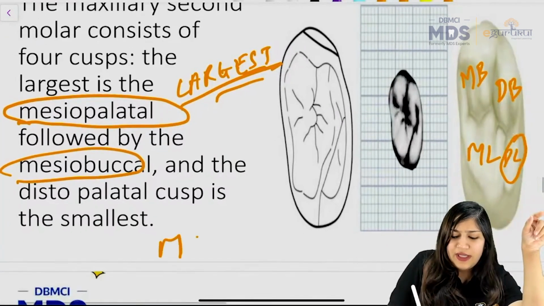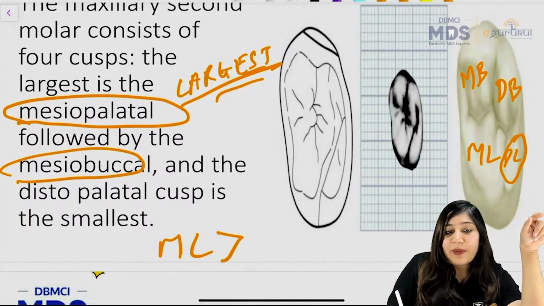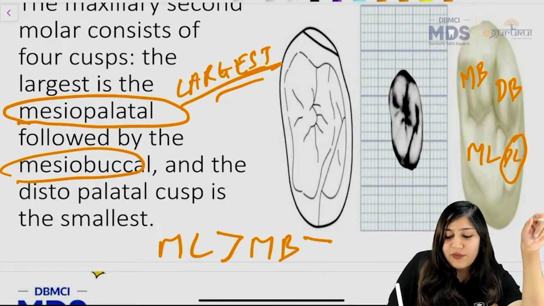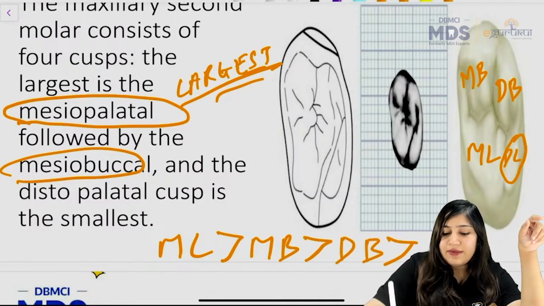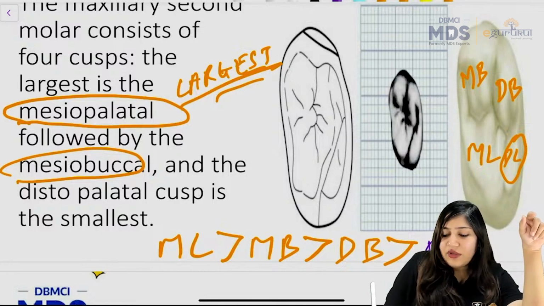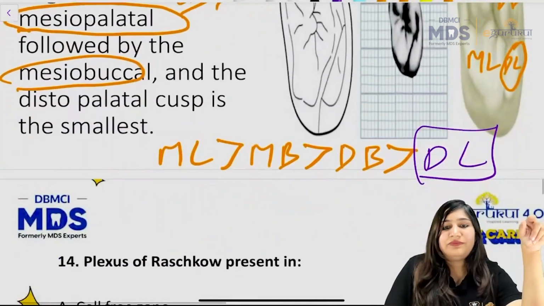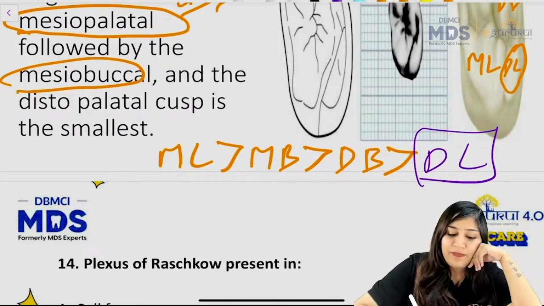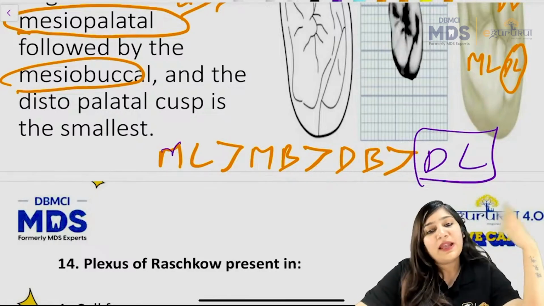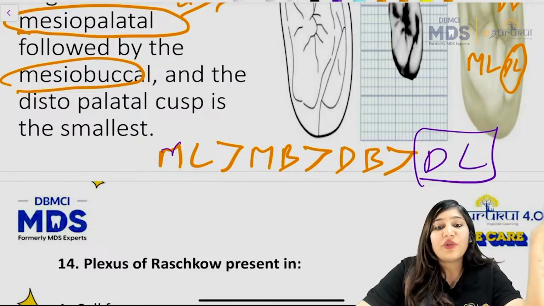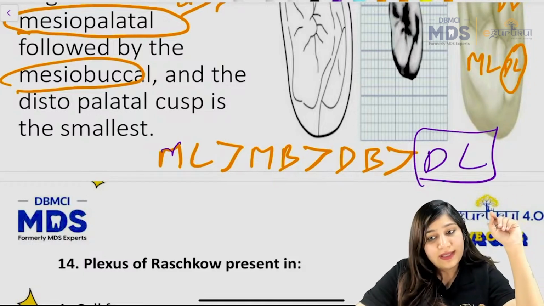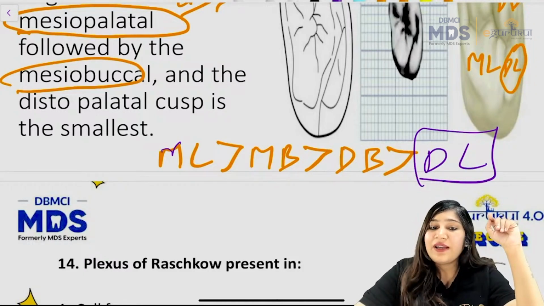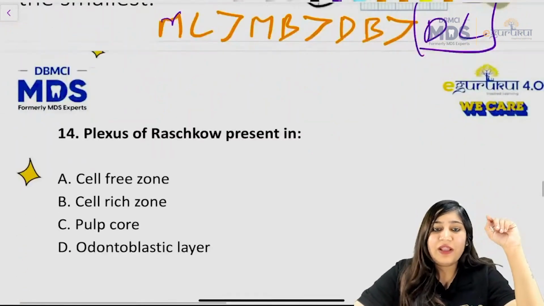So mesiolingual largest, followed by mesiobuccal, followed by distobuccal, and the smallest is distolingual. Okay. So you can be asked which is the largest cusp, or which is the smallest cusp. So largest is always mesiolingual and smallest will be our distolingual.